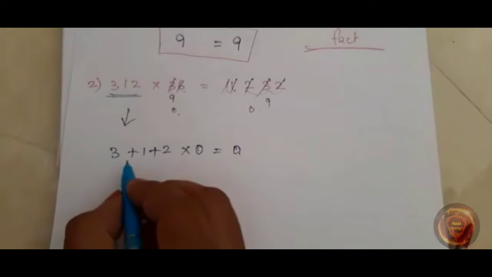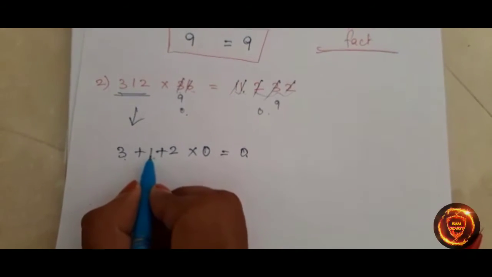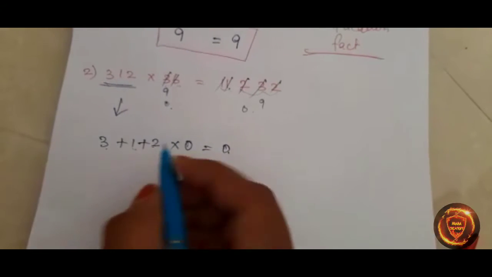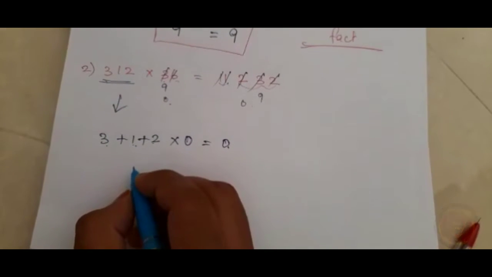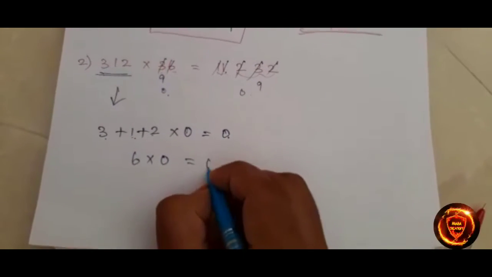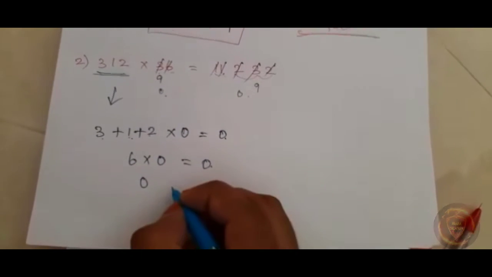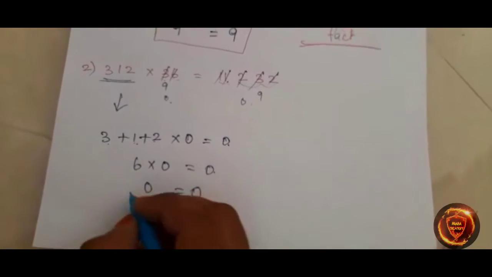And add these three values: 3 plus 1 is 4, 4 plus 2 is 6. So what is the next step? 6 into 0 is equal to 0.